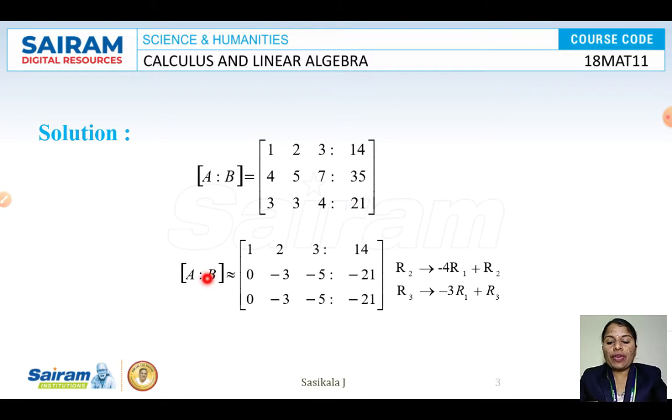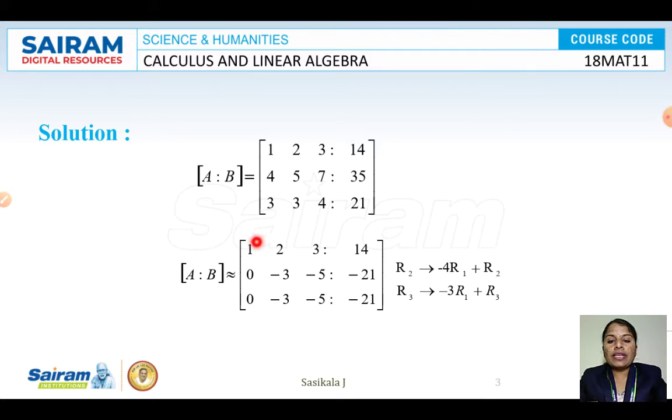Now coming to AB. First step, we convert the first element of the second row and third row to 0. You can see I have 4 here and 3 here, so to convert the first element to 0 we have to use the first row.